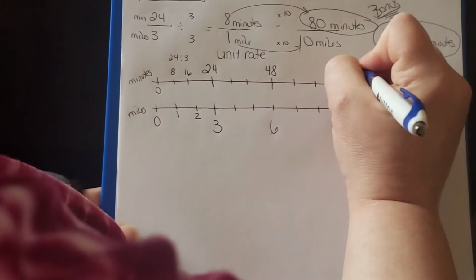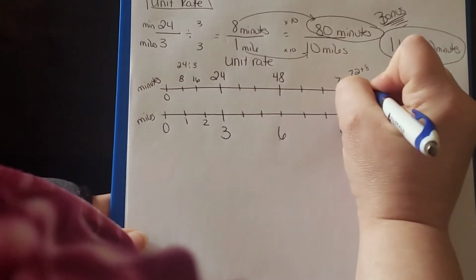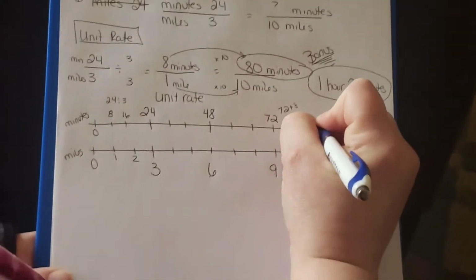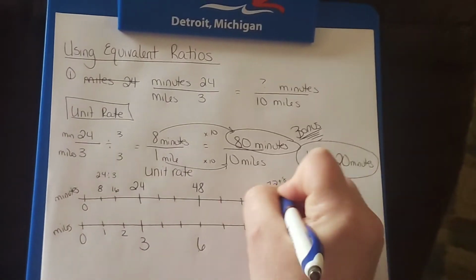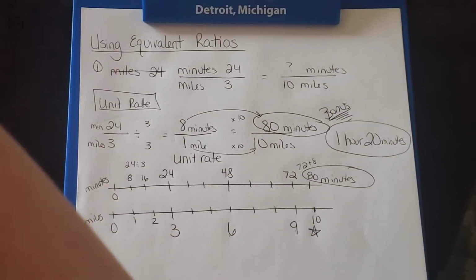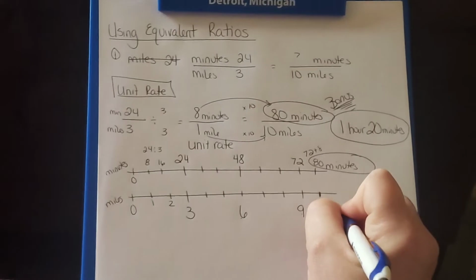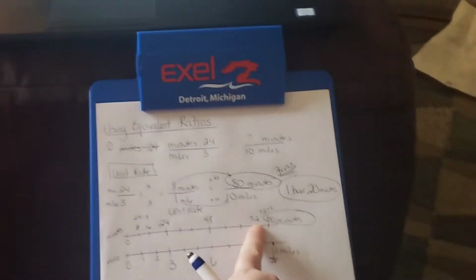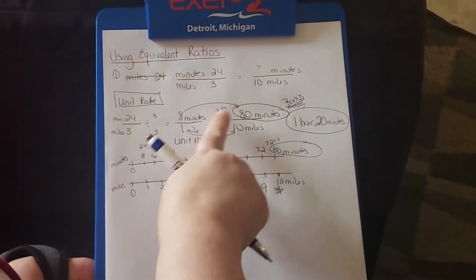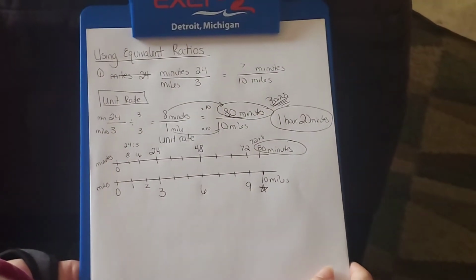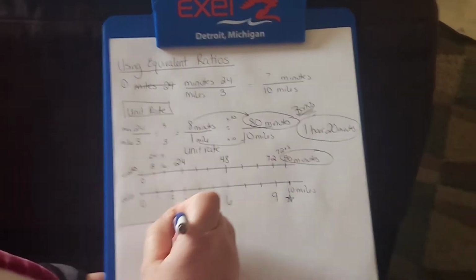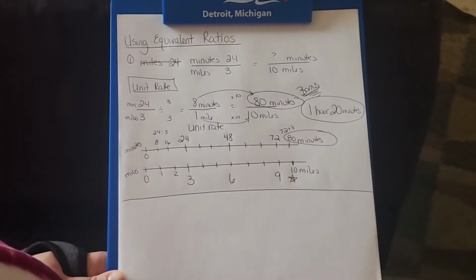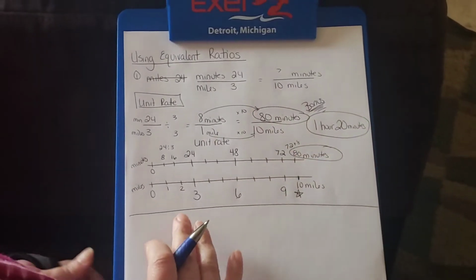So 72 plus 8 would have given me the 80 minutes for 10 miles. So just depending if you need to see it more visually or if you can do more of the algorithm in your head. So that was a pretty hard problem because it wasn't a simple just increase.